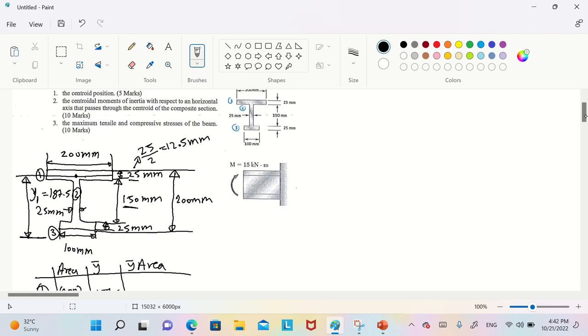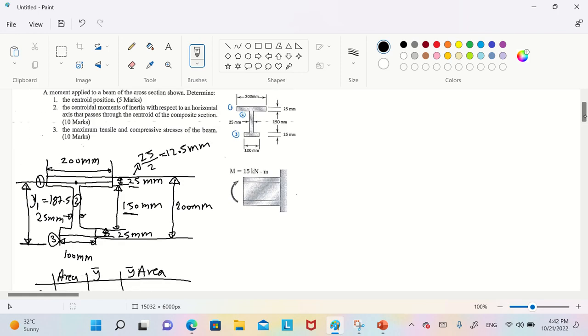Because y bar is the distance between the center of the first one and the ground. When I said the maximum height of this one is 200, at the top, between the top and the center is 12.5, and the bottom is 12.5. So we say 200 minus 12.5 to get the y1.